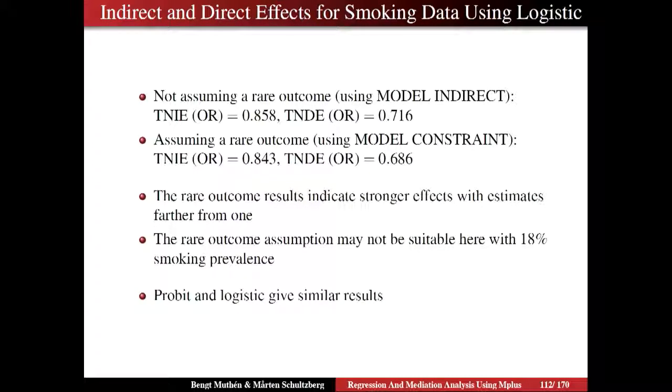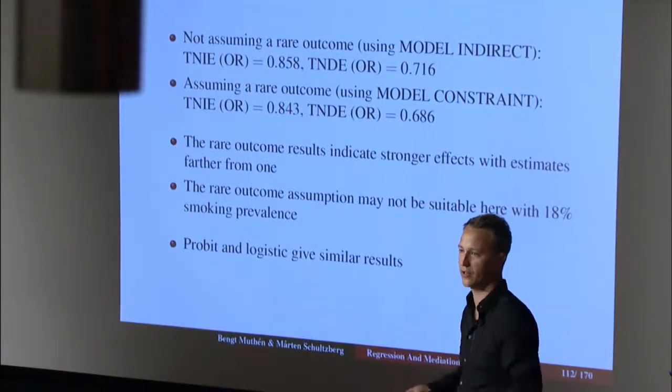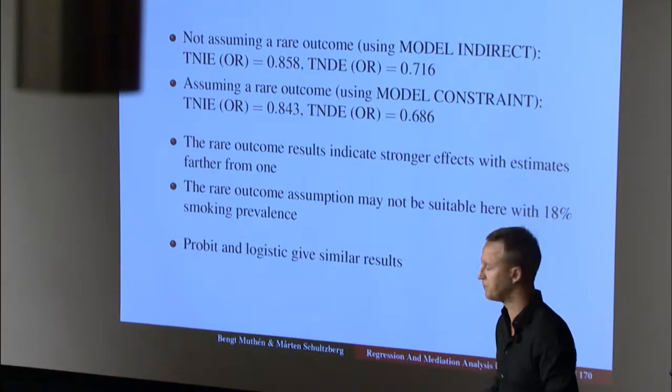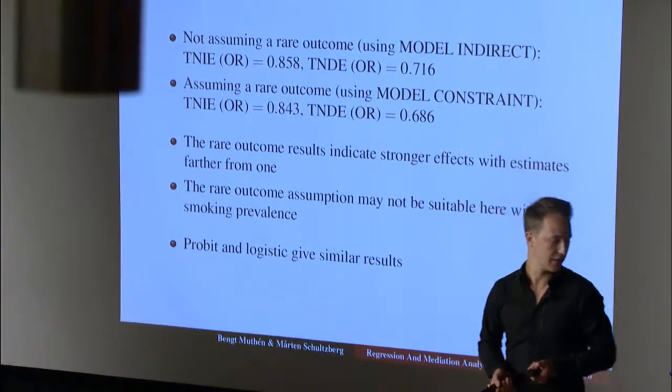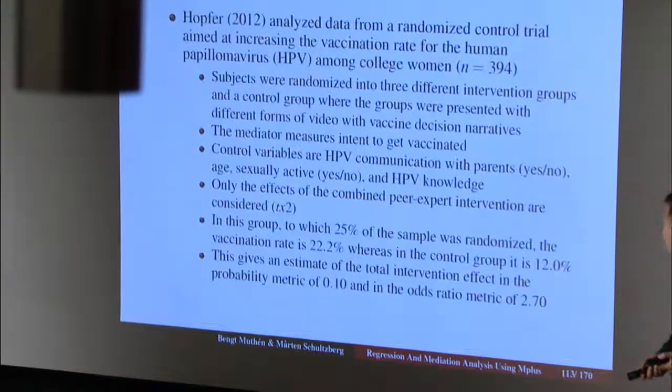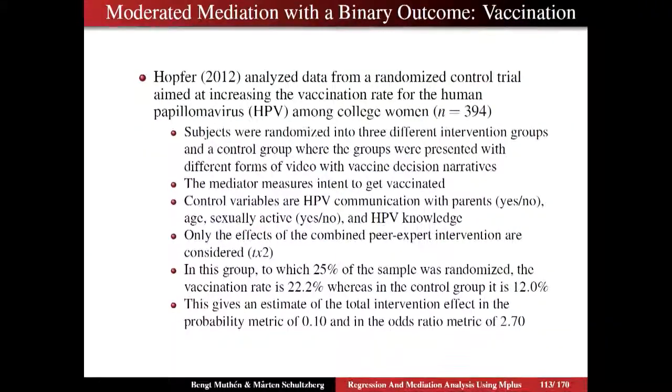And when I say the strongest effect, I mean that 0.85 is closer to 1 than 0.84, because 1 would be the odds ratio corresponding to 0 effect. If we want to use this approximation, we should base that on having a rare outcome. And like I said, probit and logit regression give very similar results for the probabilities. And with that, I think Frank will step in and take one example.